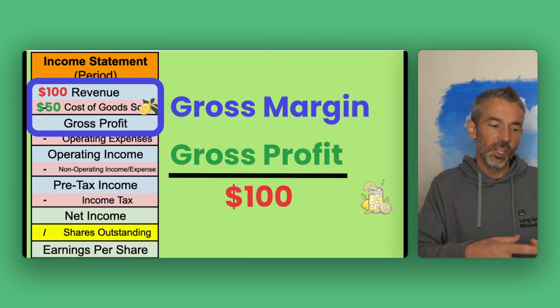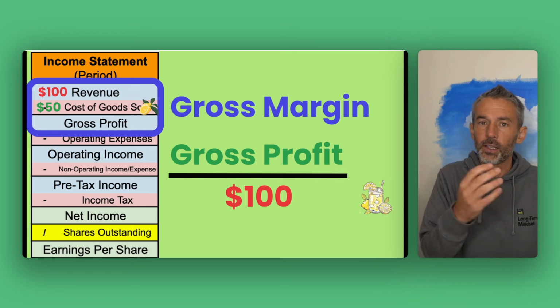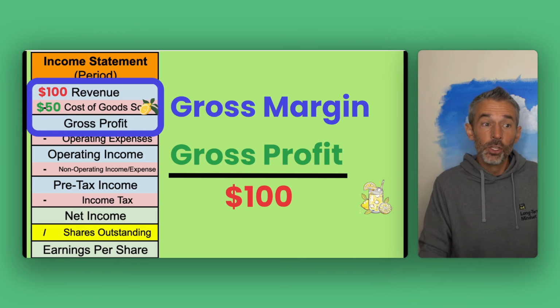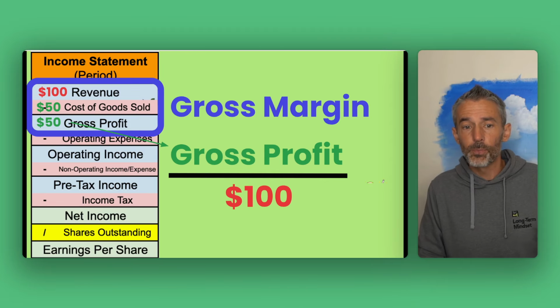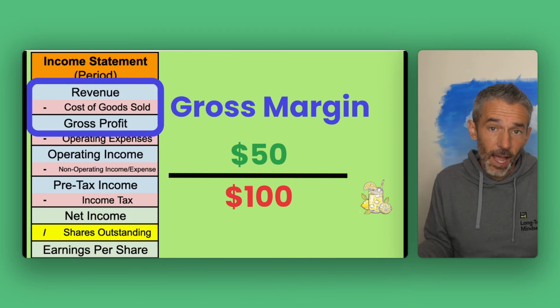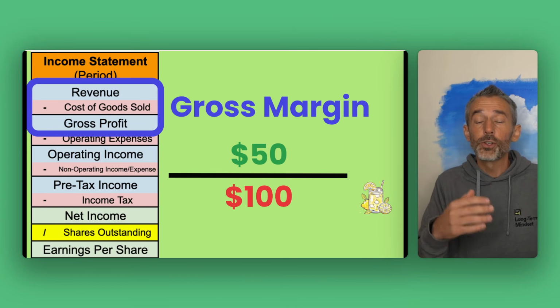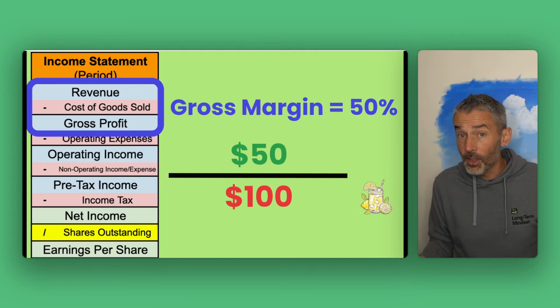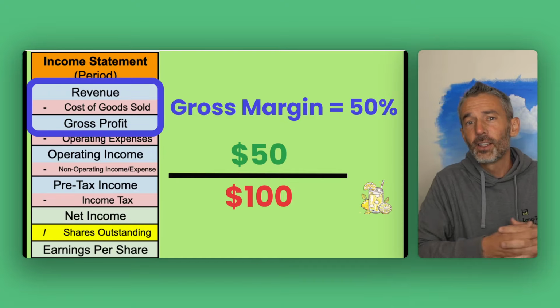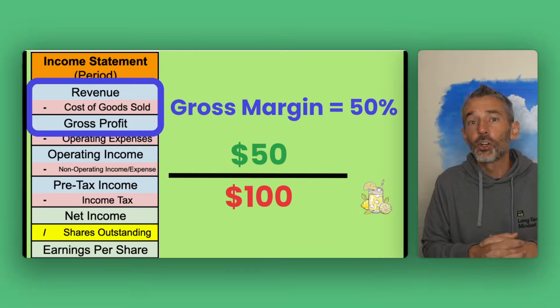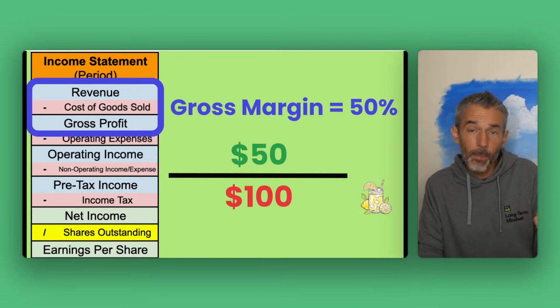You spent $50 on the lemons and the sugar and the water and the cups and the straws that you used. So you subtract 50 from 100 and you get $50 in gross profit. And you plug that in and you divide 50 by 100 and you get a gross profit margin of 50%. In other words, for every dollar in sales that you hand over in your lemonade, you get to keep 50 cents as gross profit. Not bad.